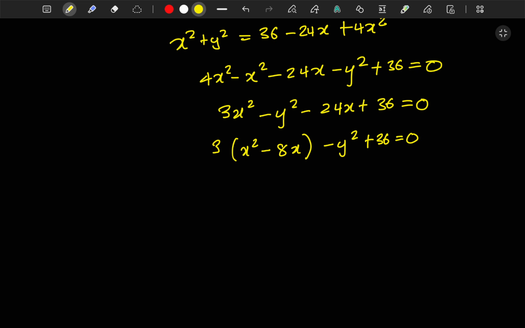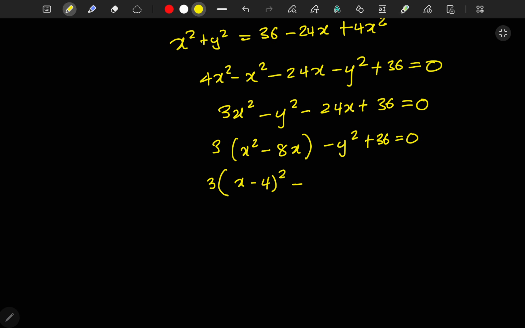Now, just complete the square. I find half of this: half of negative 8 is negative 4. Square it, and that would be 16, meaning I have to subtract it at the same time.